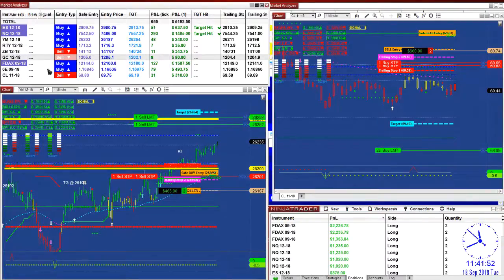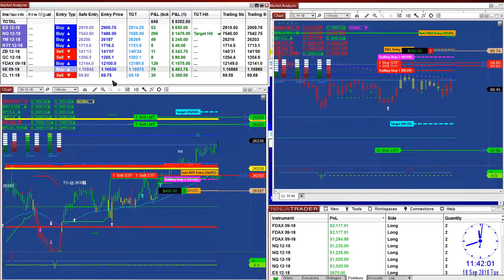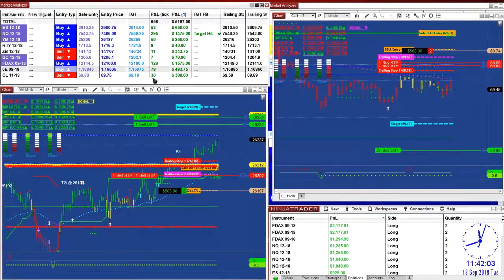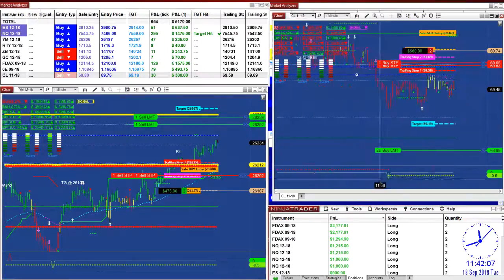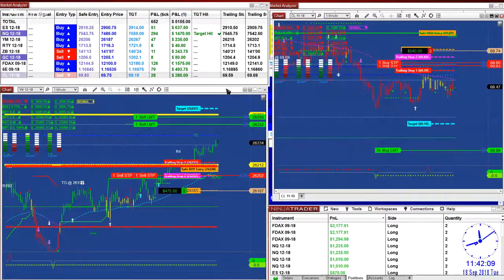Just knocking you out of that trade. Gold, 8 ticks. Wow. DAX 127 ticks, 79 ticks, and then 30 ticks. Total of 652 ticks for today, based on one contract.